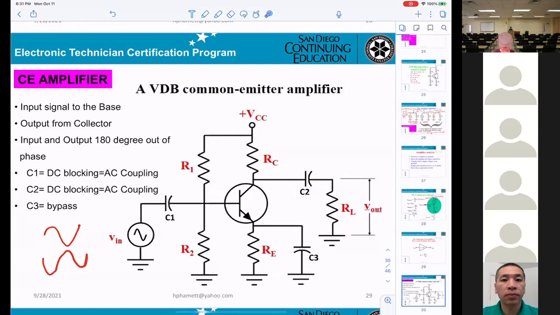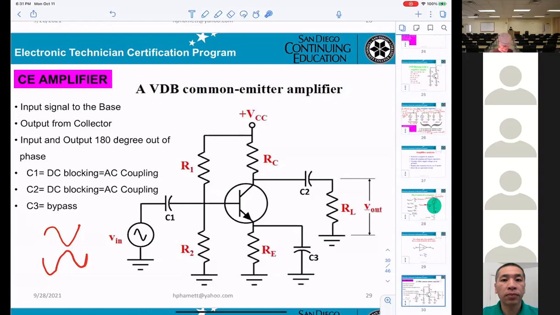This capacitor C2 will block the DC from the collector to the output speaker. And the name for C2 will be the same as C1, DC blocking, AC coupling. They block DC, but they allow AC to pass.